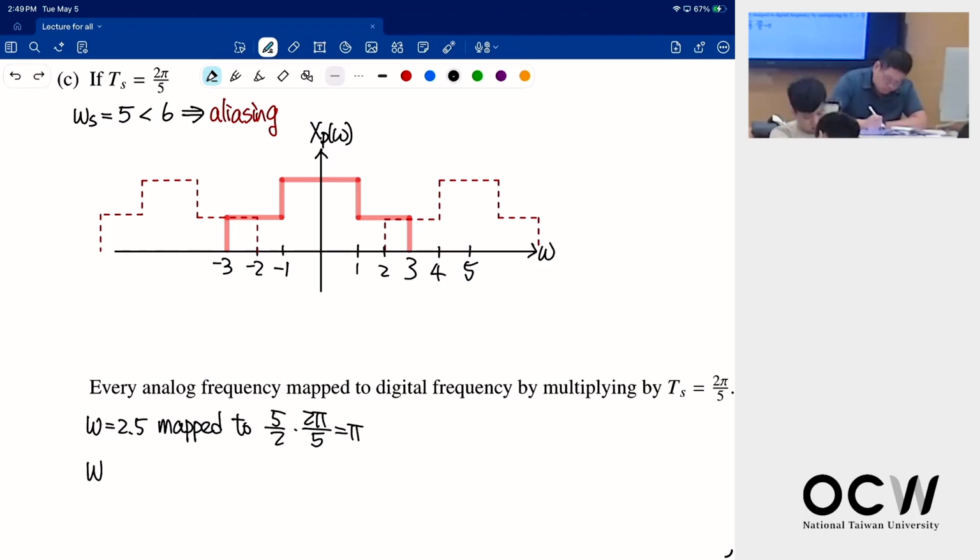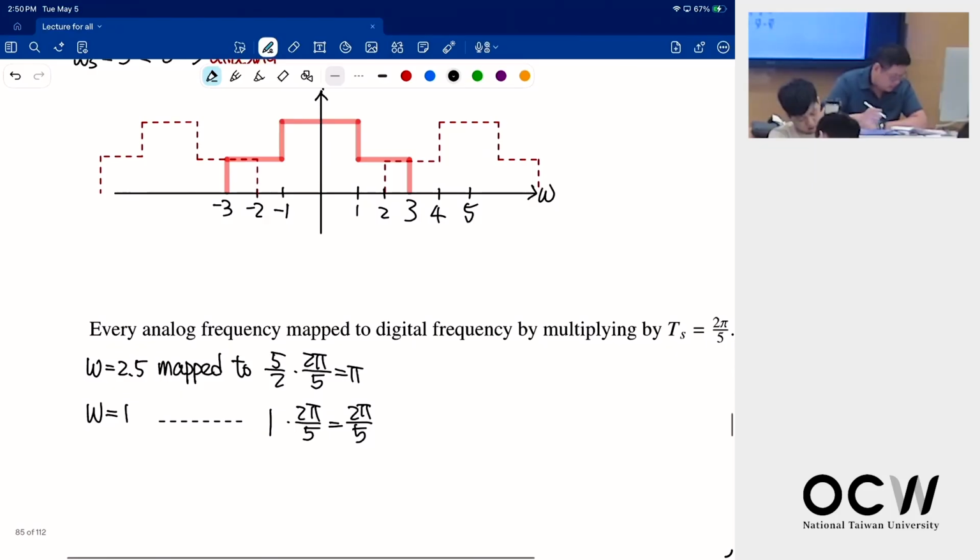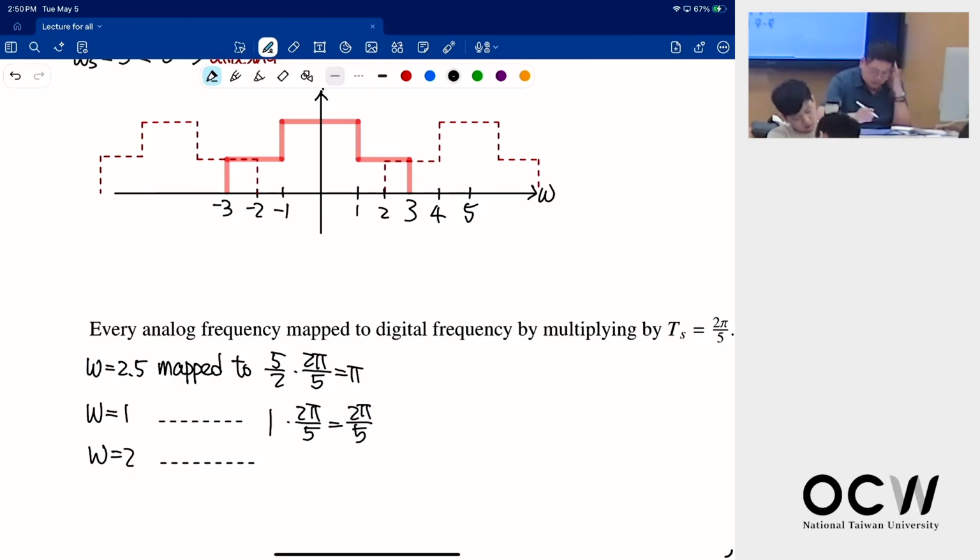Omega equals 1 will map to 1 times 2π over 5, so it'll be 2π over 5. And omega equals 2, that will be 2 times 2π over 5.